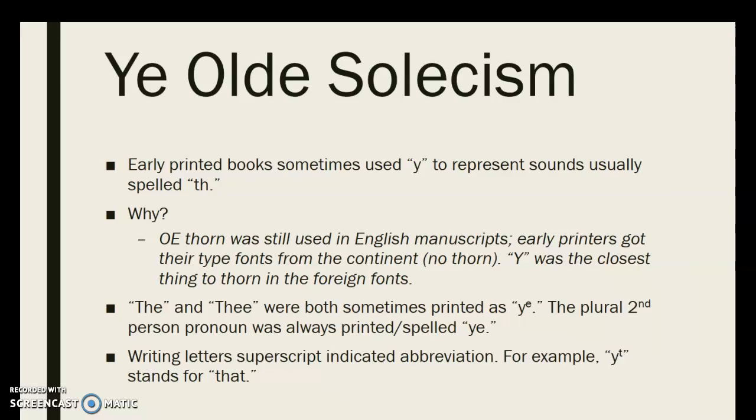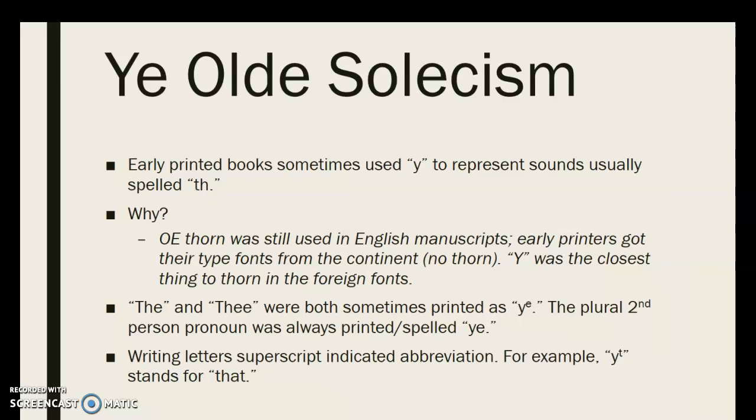I don't know. This goes back actually to early methods of printing. Of course, it always goes back to printing. The old English letter thorn was still used in English manuscripts, and thorn made a TH sound, so it would have been used in place of the letters T and H. However, printers got their type fonts from the continent.